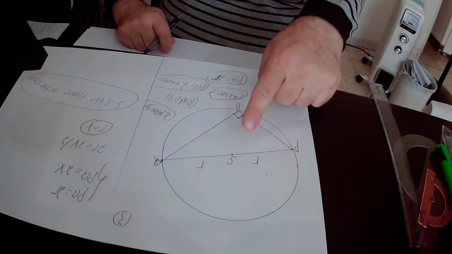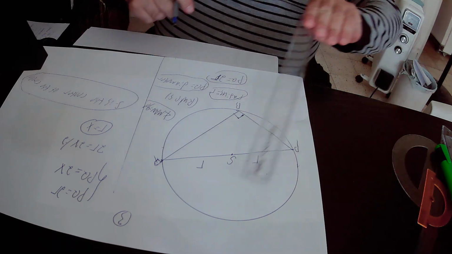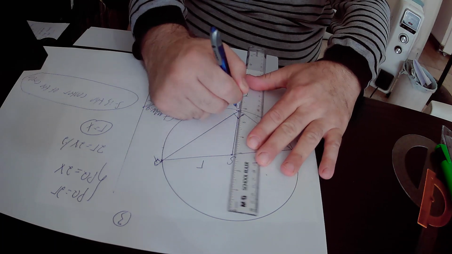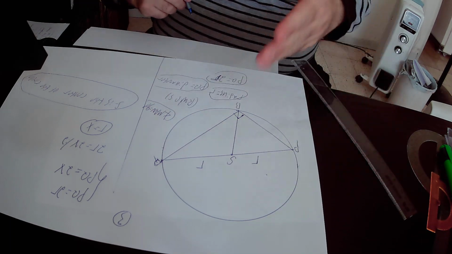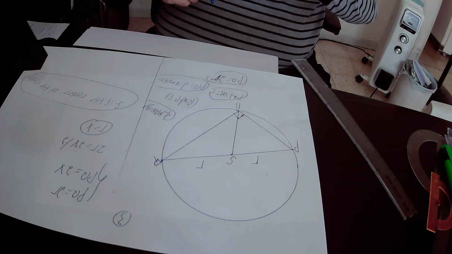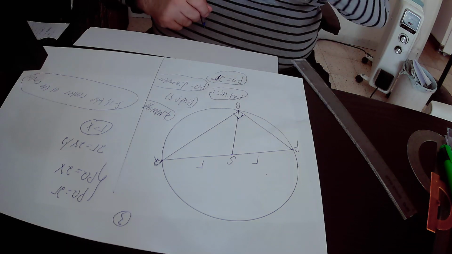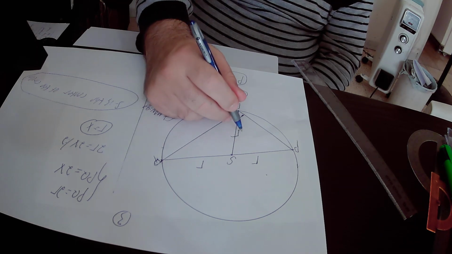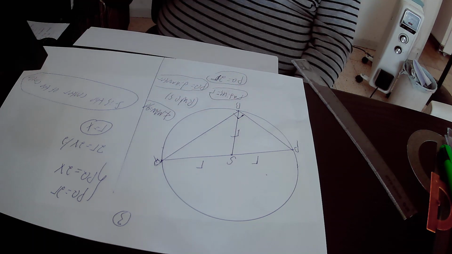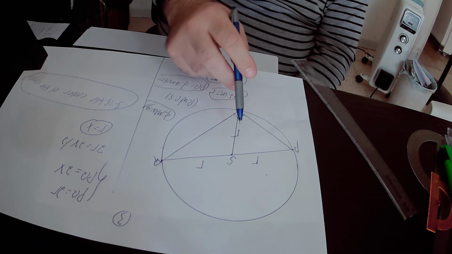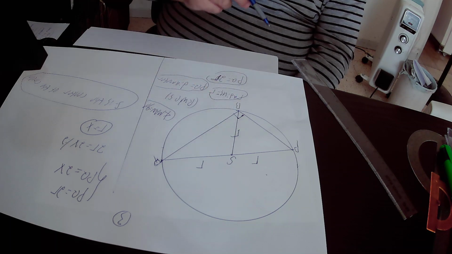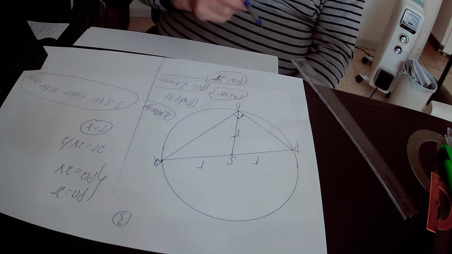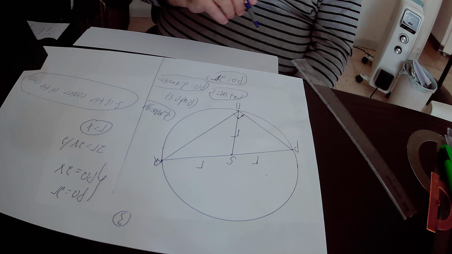In the next step, we will join points S and B together by a straight line. Point S is the center of the circle, point B is a point on the circle itself, therefore SB is the radius of this circle that is equal to R. So in conclusion, we found out that PS equals SQ equals SB. They are all the radii of this circle, therefore they are equal to each other.